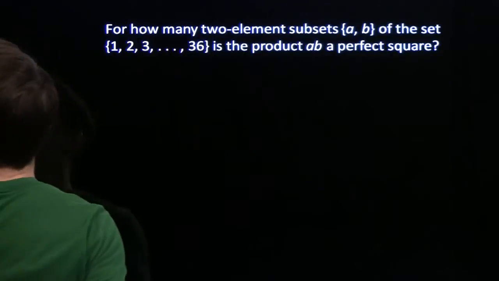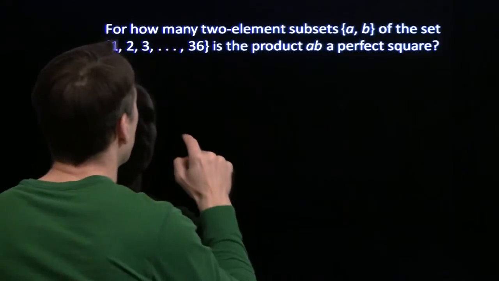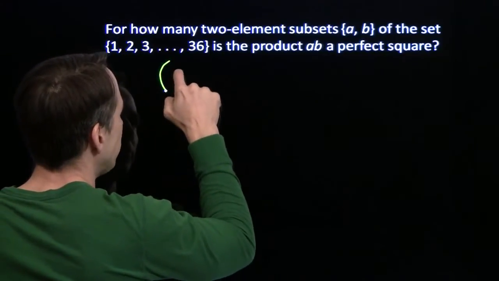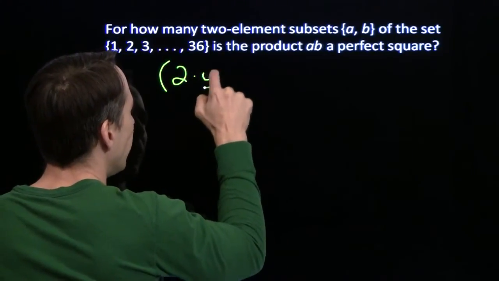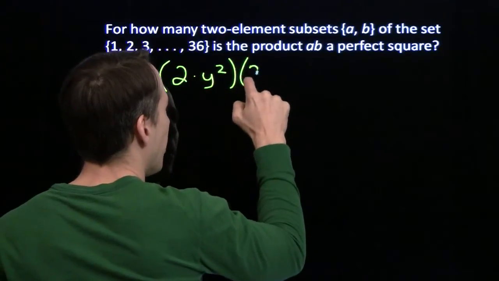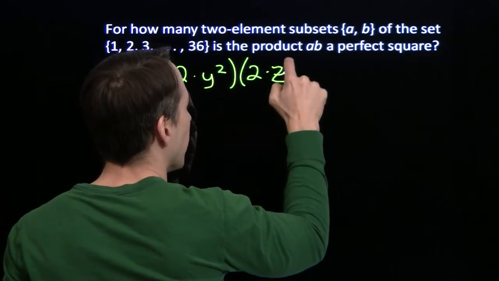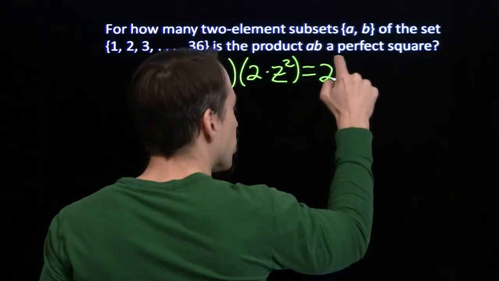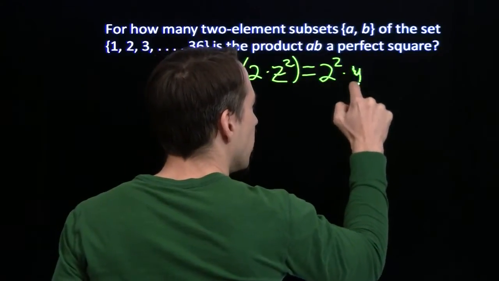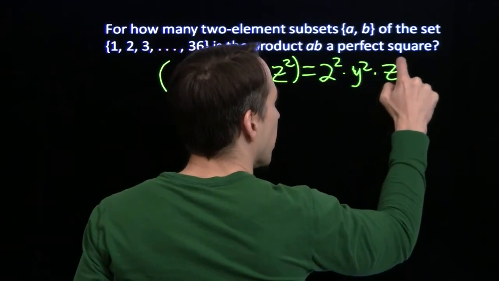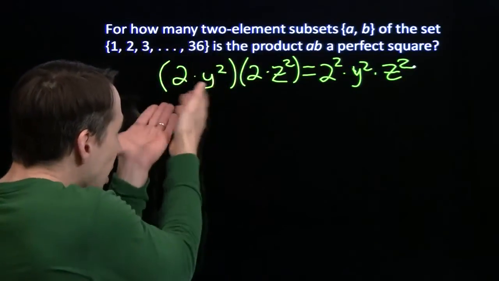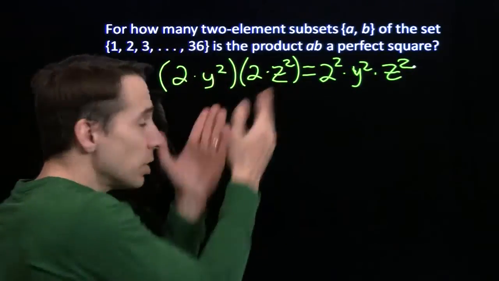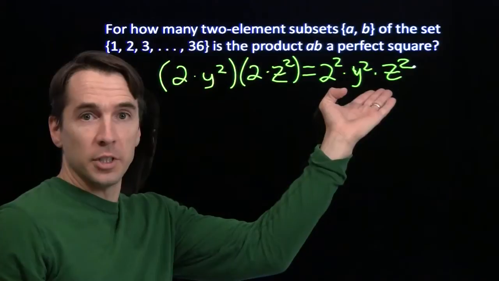Let's look at exactly what we're doing here. We're starting off with 2 times y squared, and we're multiplying that by 2 times z squared, and we're getting 2 squared times y squared times z squared. So anytime I multiply 2 times some square times 2 times another square, I'm going to get a perfect square.